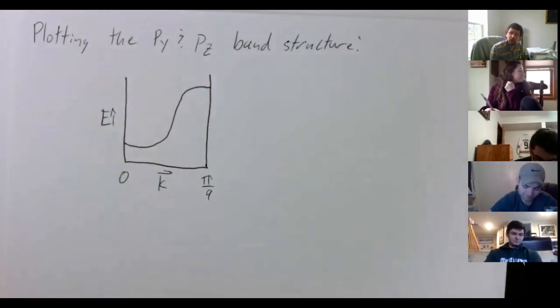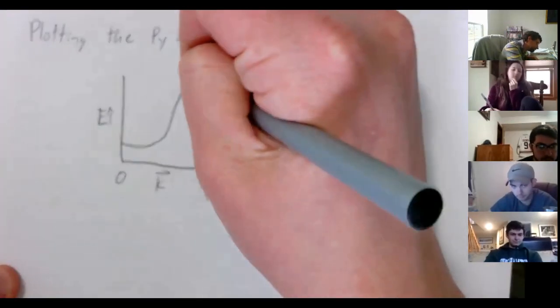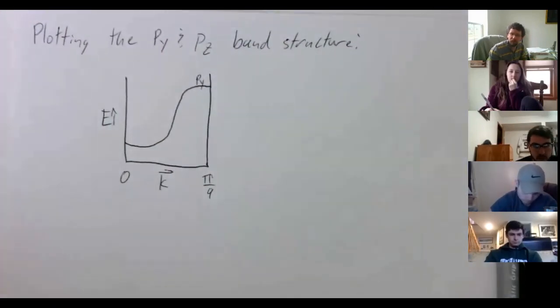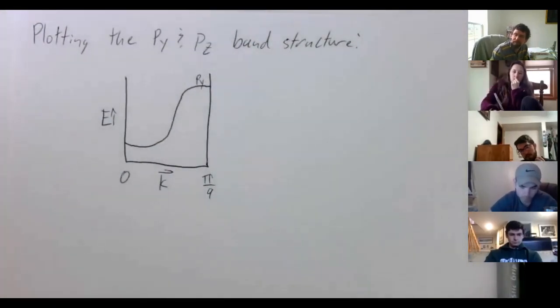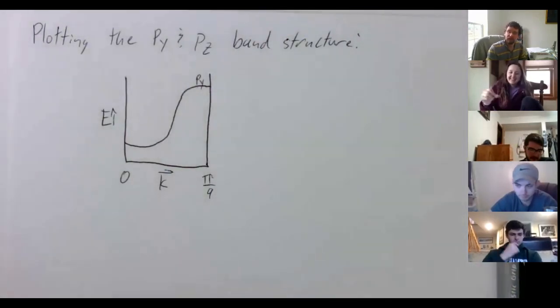So let's say this is the p_y. Then where's the p_z going to be? Is it facing the other way, starts high, goes low? Nope, that's actually going to be the p_x, the one that we looked at that had sigma type overlap. We'll get there in a second.